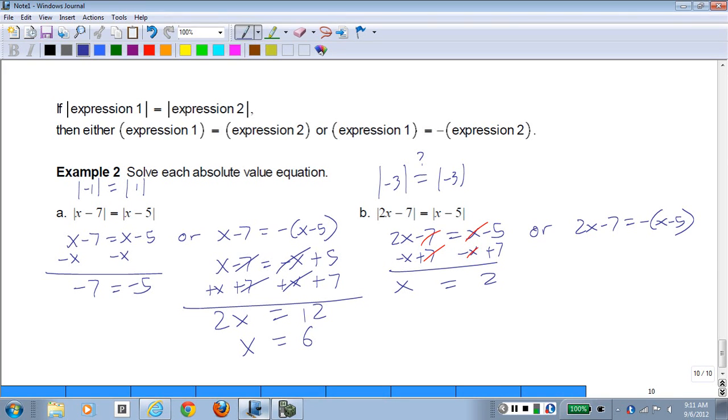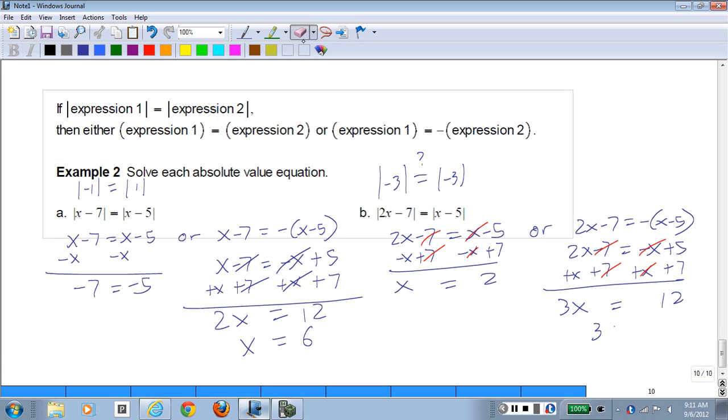What's the other possibility? 2x minus 7 equals -x plus 5. If we add x to both sides and add 7 to both sides, we get 3x equals 12. At least they're nice numbers here. Running through these at light speed. No unsightly fractions. x equals 4, it looks like.